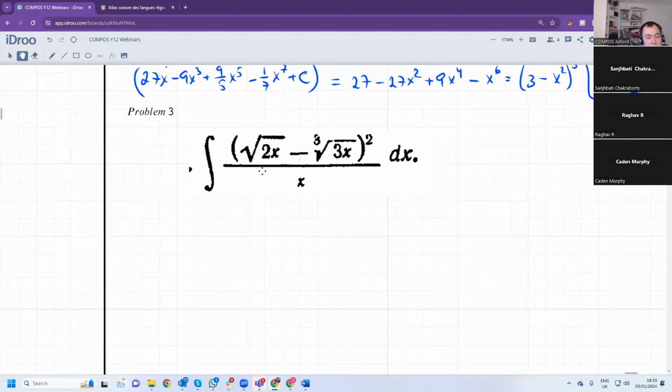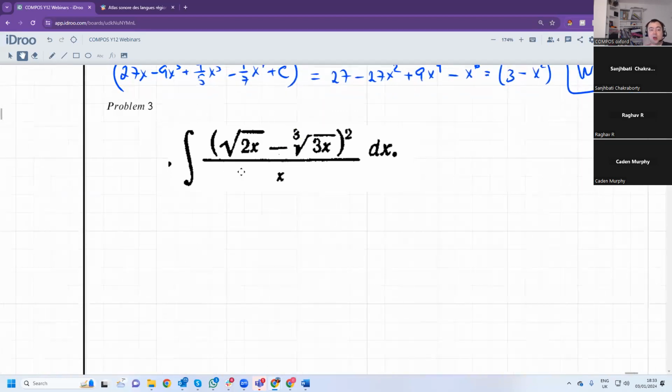Okay, this one, problem 3. It seems horrible, but if you remember the property of the integral, that the integral is linear, it becomes quite simple. There's nothing scary about it. It looks horrendous. All you need, so there's a square, so you open the brackets.